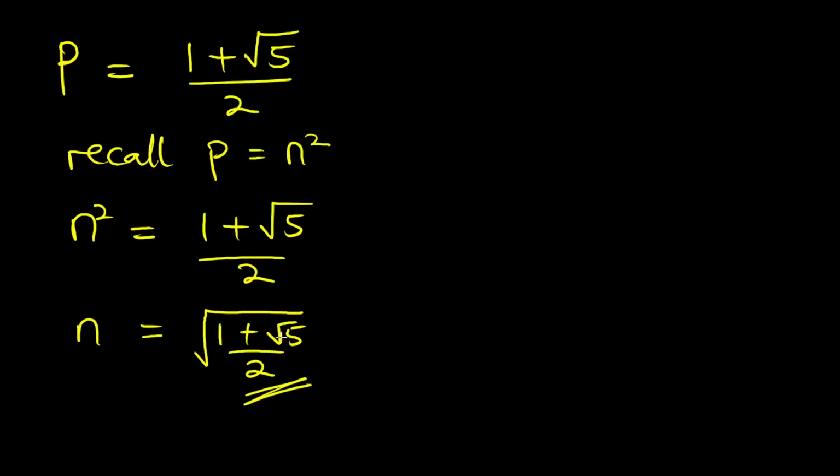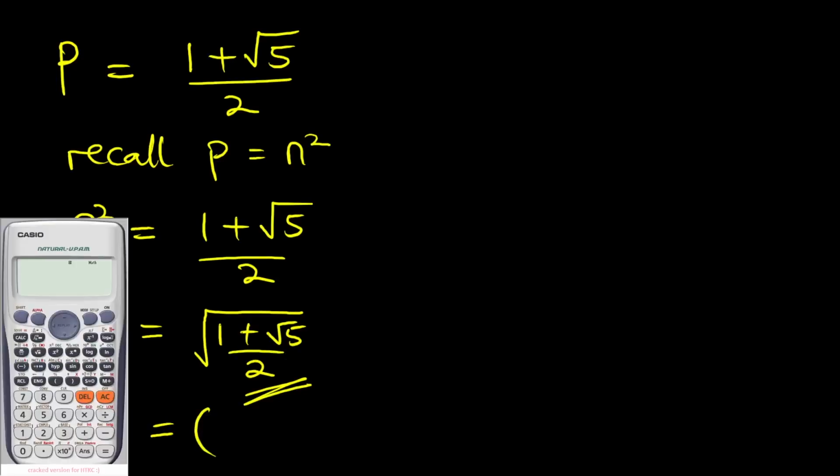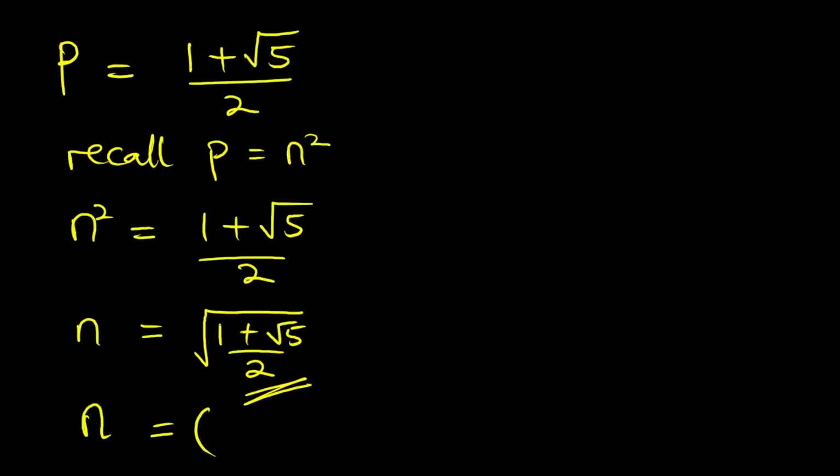Most times the answer would likely be like this, but if we were to keep it in the decimal format, the answer is the square root of 1 plus root 5 over 2, and the final answer is 1.272 approximately, to 3 decimal places. So that's the answer.